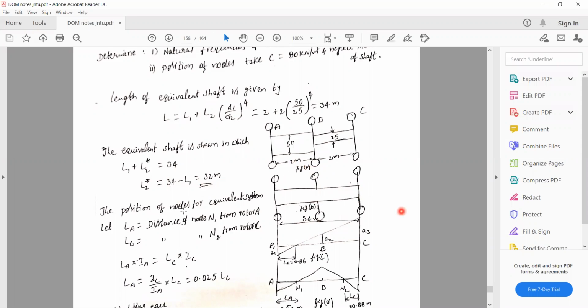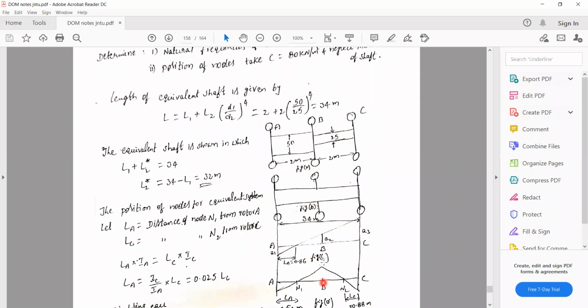Now the position of nodes for the equivalent system. When we arrange the three rotors on the uniform diameter shaft, we will have two nodes.